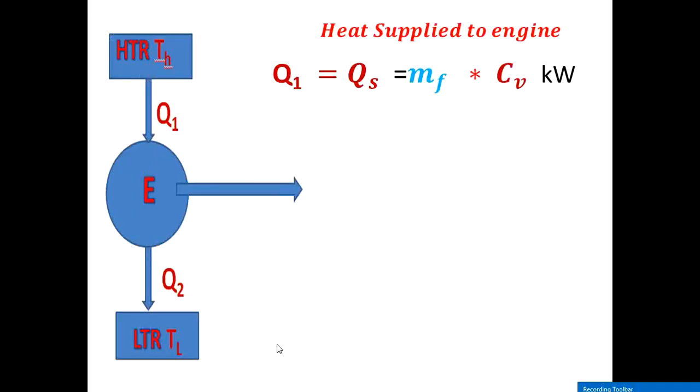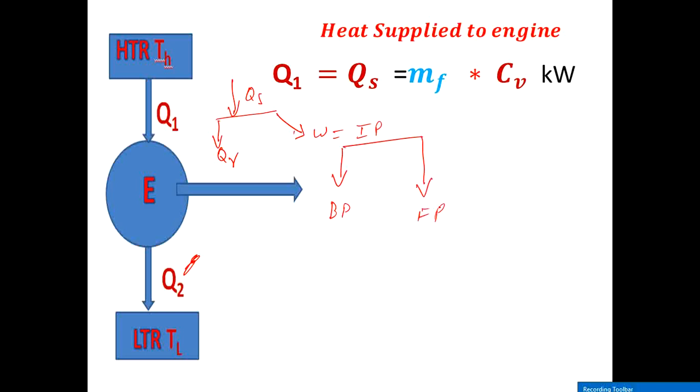The heat energy supplied will be turned into Q rejection, and another one is W or indicated power. Again, this indicated power will be divided into brake power plus frictional power.